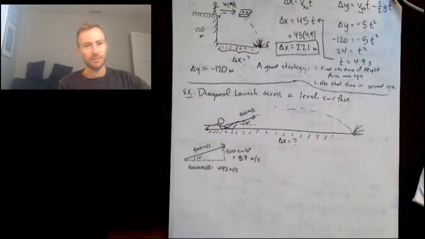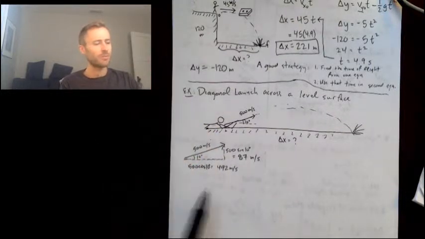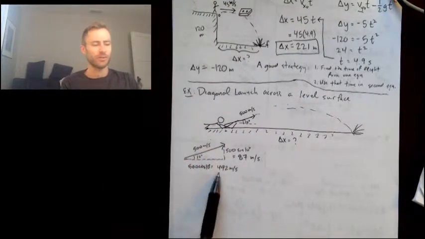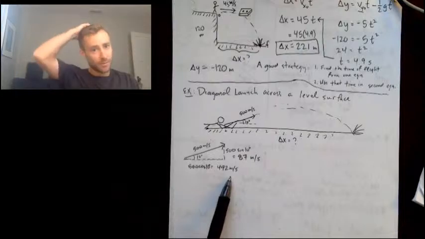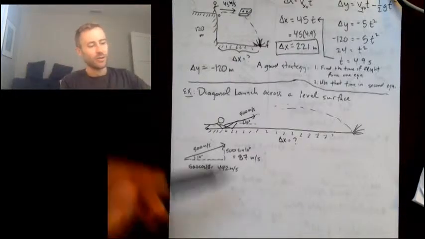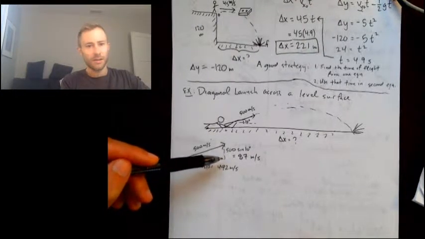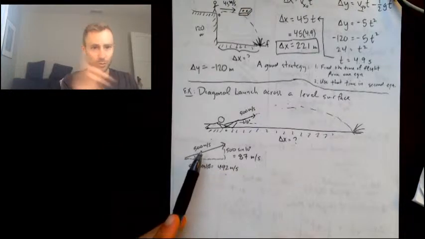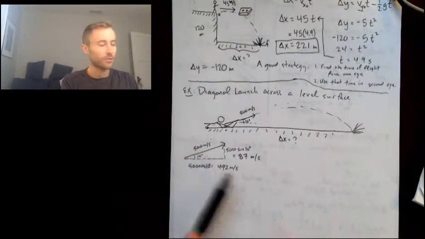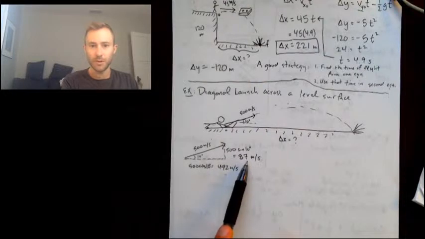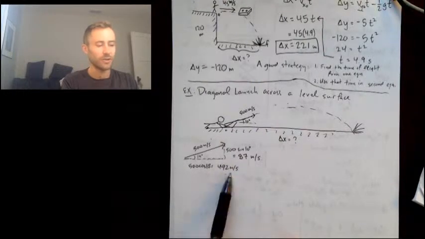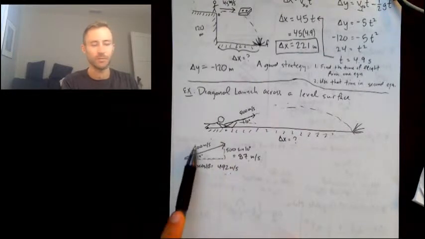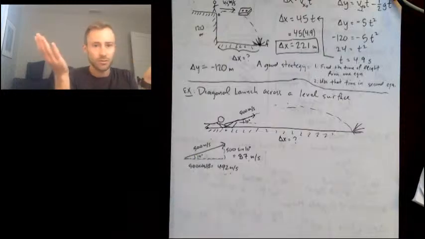Notice that if I had calculated 492 meters per second first, I can't get the other component by just subtracting this from 500. No. You have to do the trigonometry. Okay? Notice how these two velocities add up to more than 500. It's just the way it works.